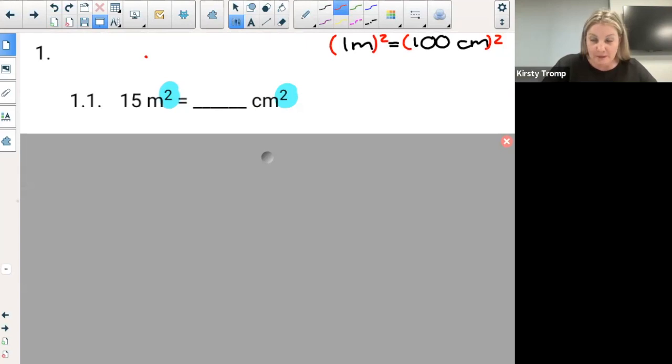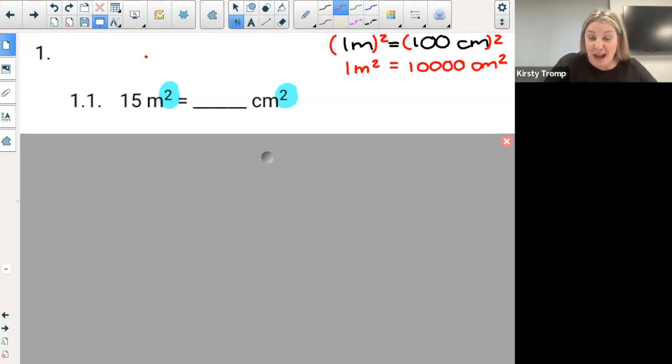So 1 squared is going to give me 1 meter squared, and 100 times 100 is going to give me 1, 2, 3, 4 zeros, 10,000 centimeters squared.